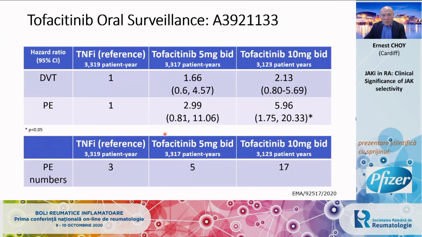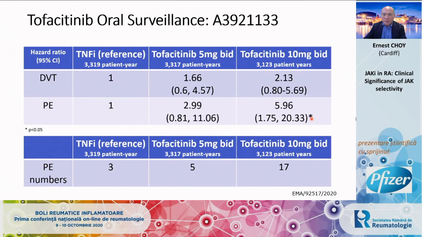One thing that has generated a lot of concern since the end of last year has been the European Medicines Agency warning against using high-dose tofacitinib in patients with rheumatoid arthritis, because in an oral surveillance study, when the two doses of tofacitinib, 5 and 10 milligrams, were compared to TNF inhibitors, high-dose tofacitinib at 10 milligrams BID was associated with increased risk of venous thrombosis, particularly PE.